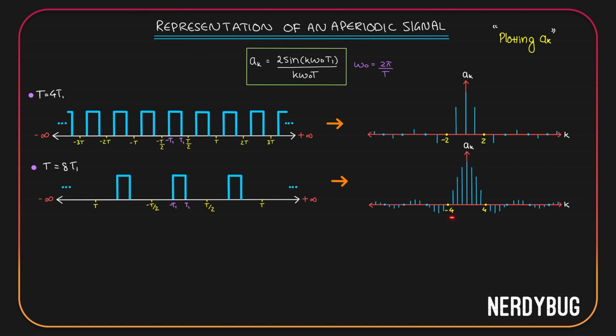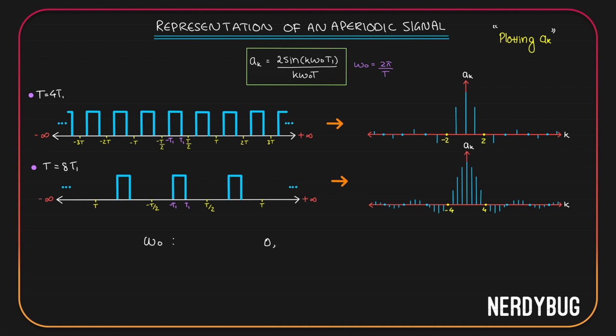But the question is, why are there more number of coefficients plotted? To understand that, let's take an example. Assume you have a signal whose fundamental frequency is omega naught. Then you'll be able to find a_k at every integer multiple of omega naught.